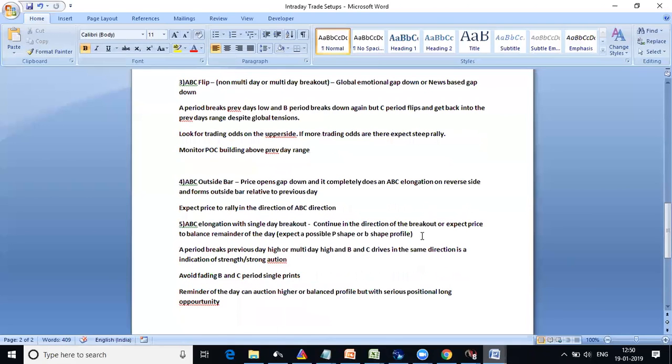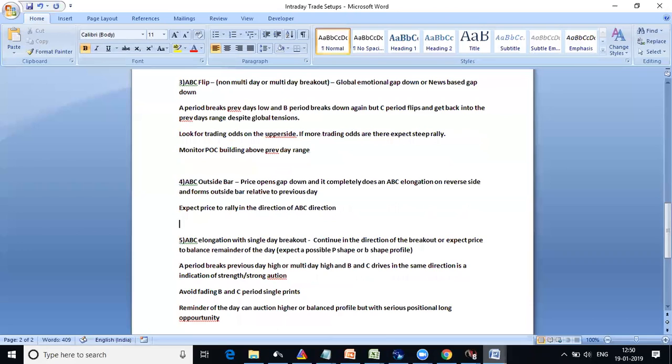And even the same ABC outside bar is also a sign of a greater trend reversal, from a positional perspective also. So it is an intraday opportunity also, ABC outside bar. At the same time, it has a greater positional perspective also.